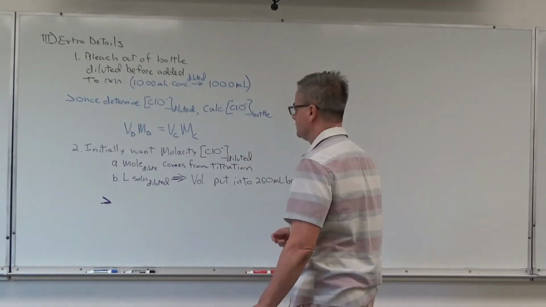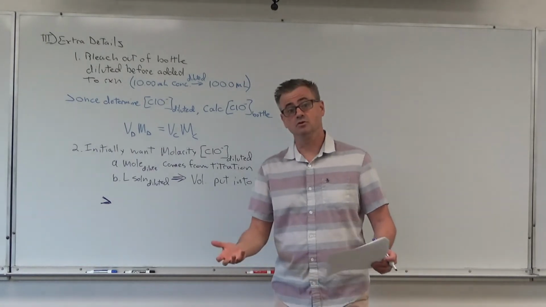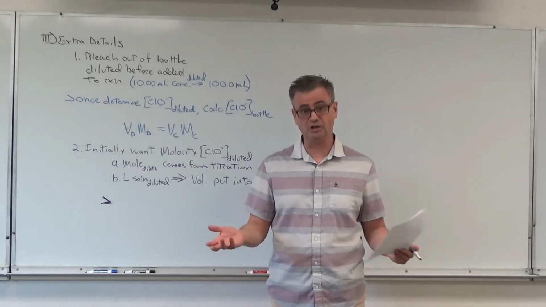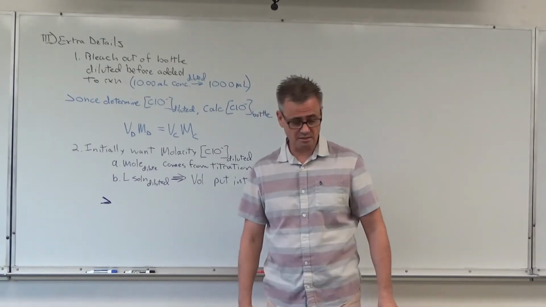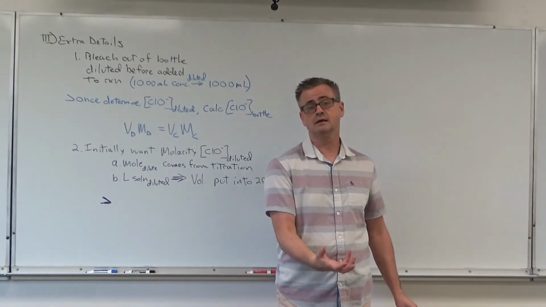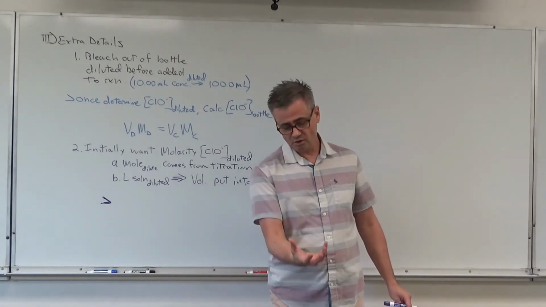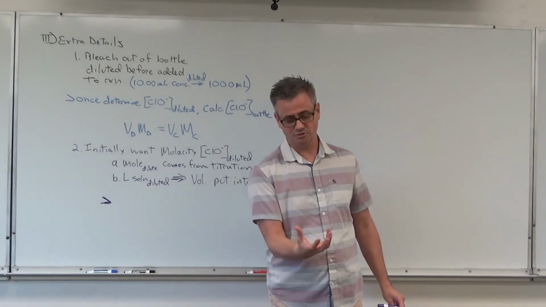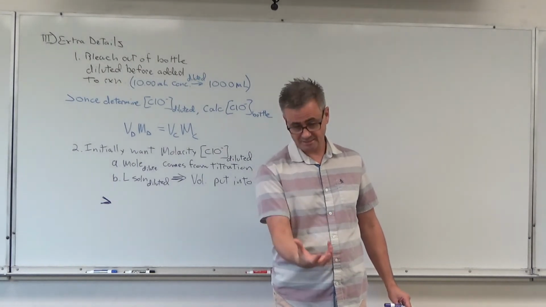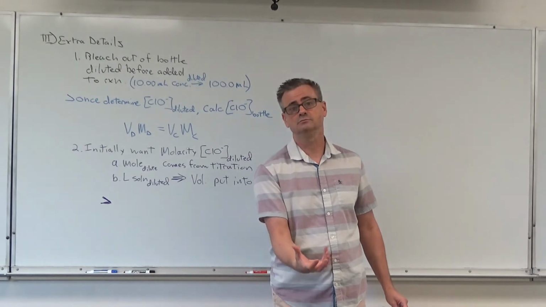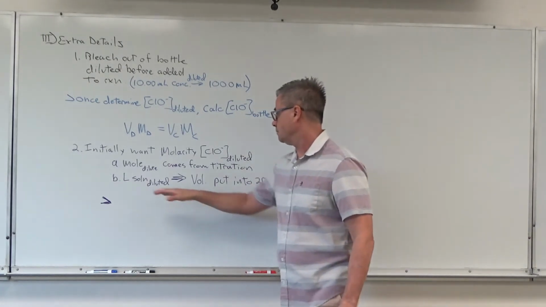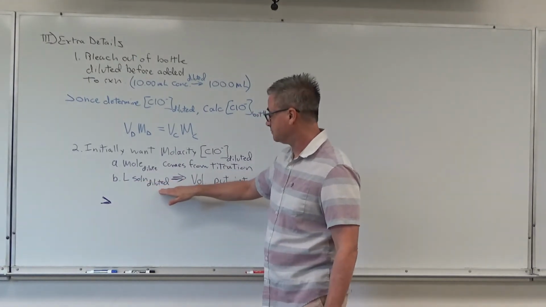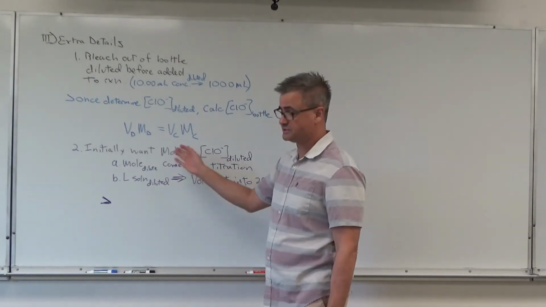Because yes, technically, we've just done another dilution. We've added some acid. We've added some potassium iodide, and that's diluted what's in there. But we're not trying to find out the concentration of that solution in the beaker. We're trying to find out the concentration of the stuff that we originally poured into the beaker before we started diluting it.